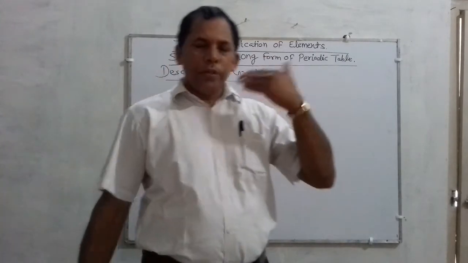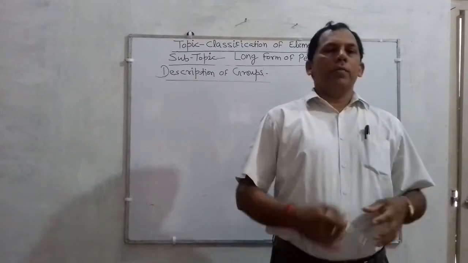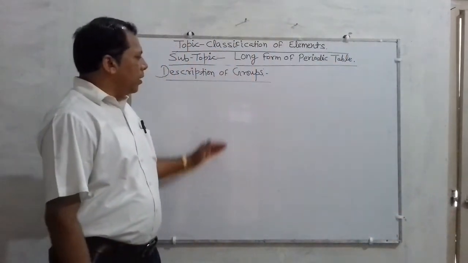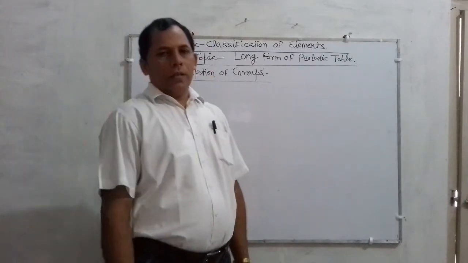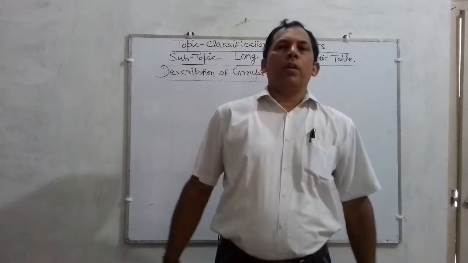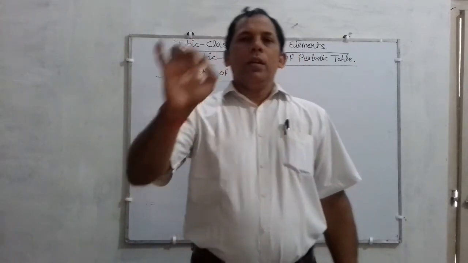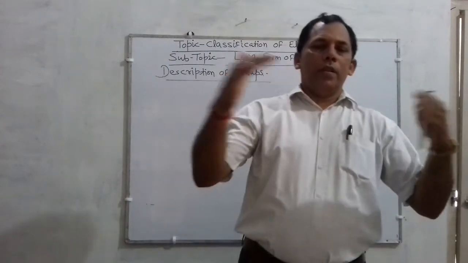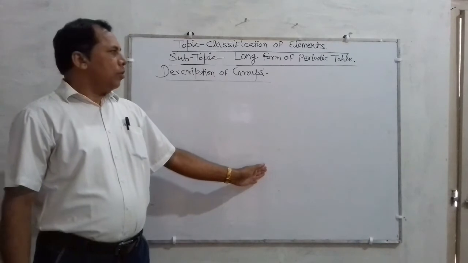Before the modern periodic table, I am talking about the Mendeleev periodic table, these groups were arranged in vertical columns, but their scheme of numbering of groups was in Roman letters with subgroup A and subgroup B. So there were too many anomalies.